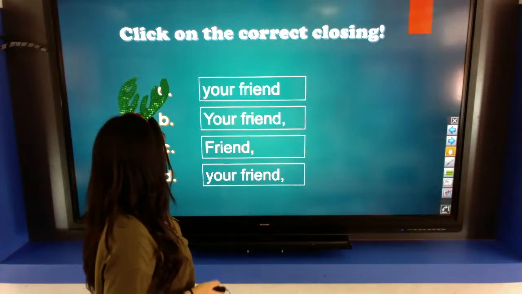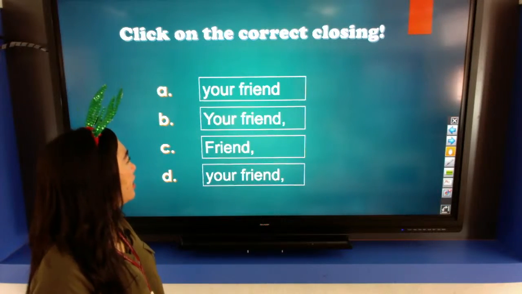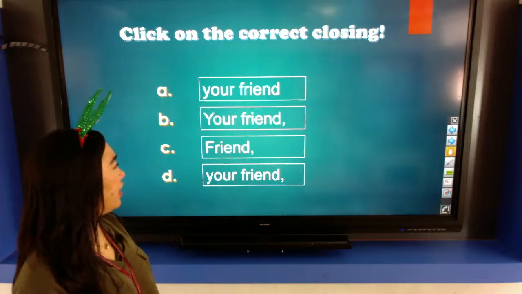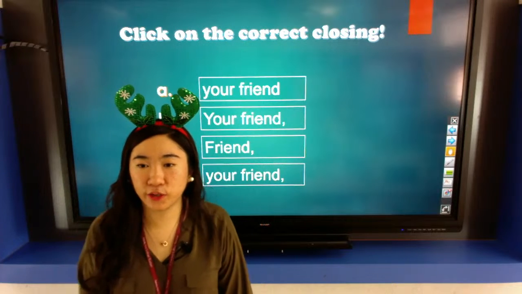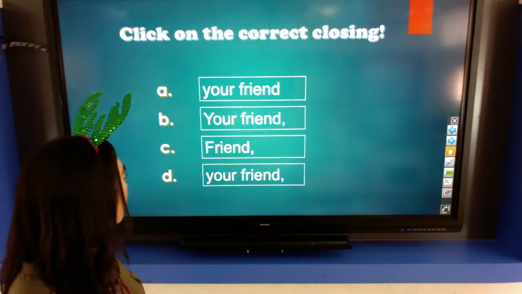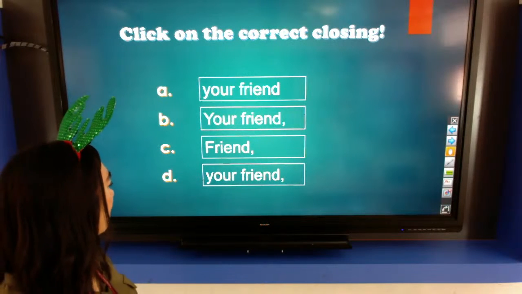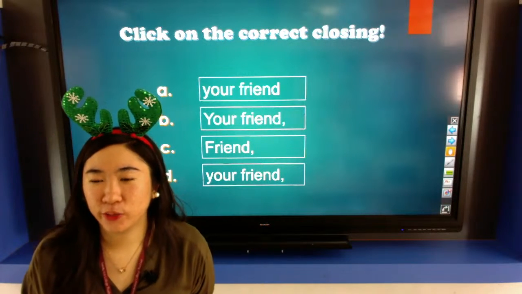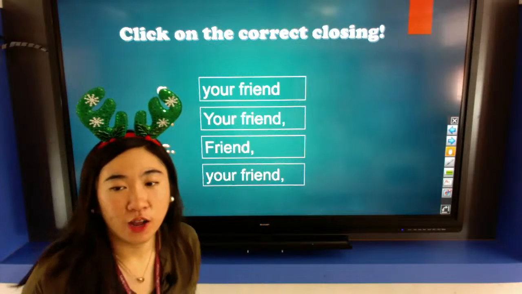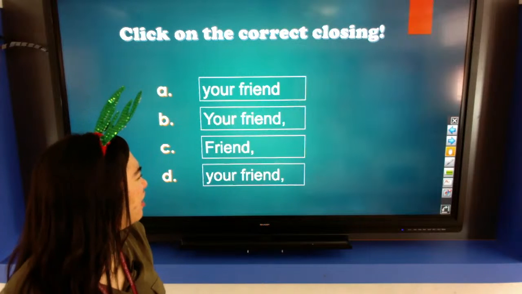Okay, let's try this one. What is the correct closing? Comment down below. Letter A, B, letter C, or letter D? What do you think is the correct closing?